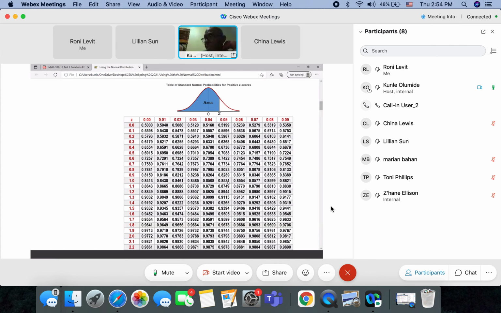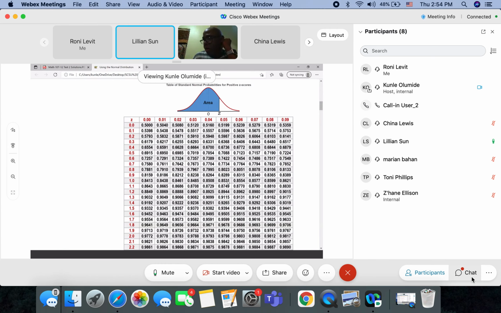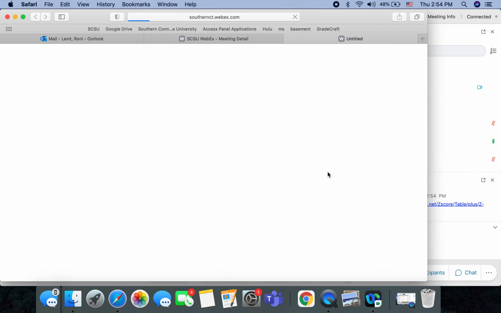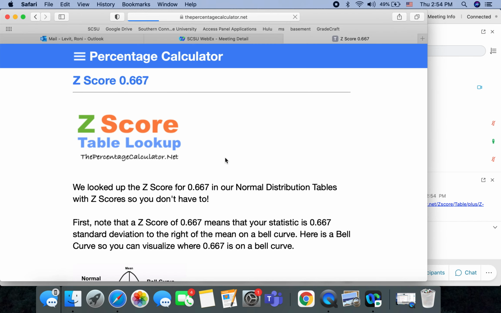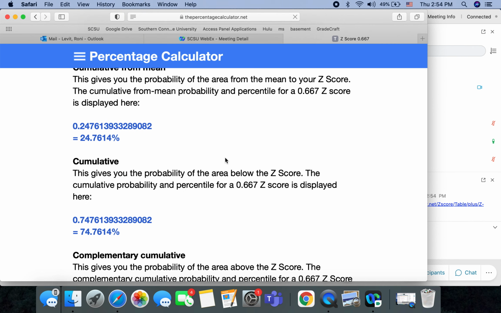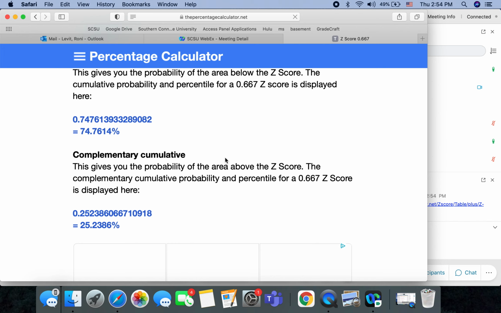I'm gonna send you the link in the chat. I don't know if you can see that. Okay, and then what does it say? So obviously I did 0.667, but they probably found a table or something that did 0.66667.